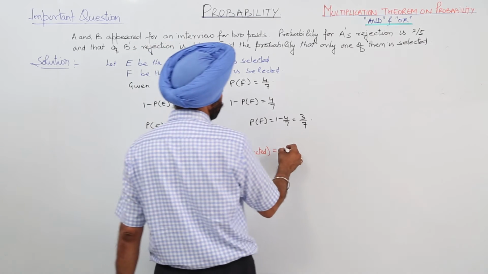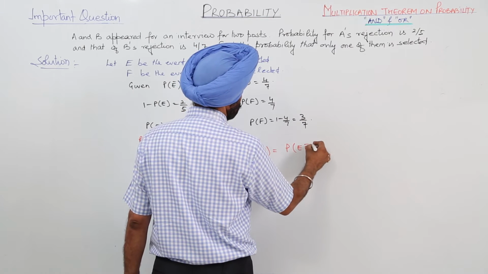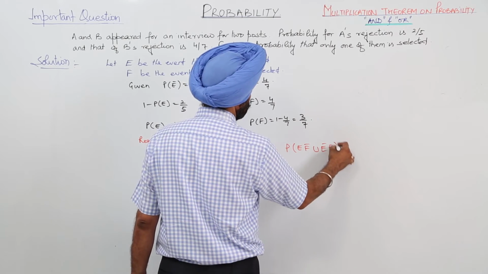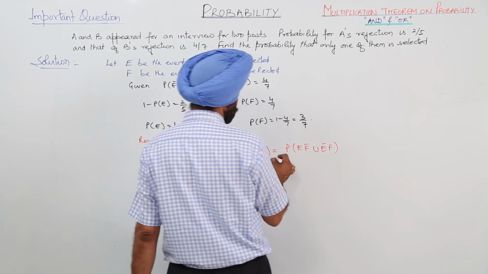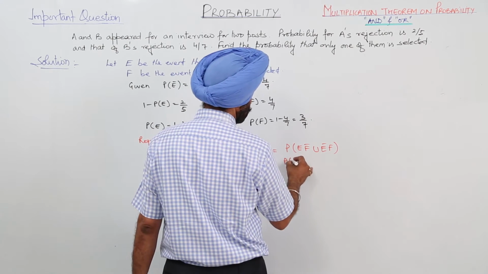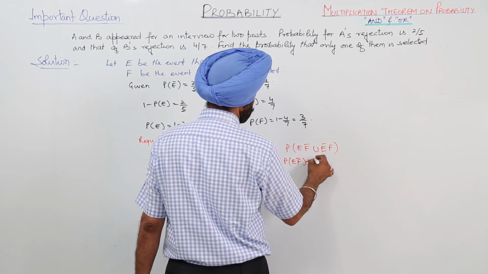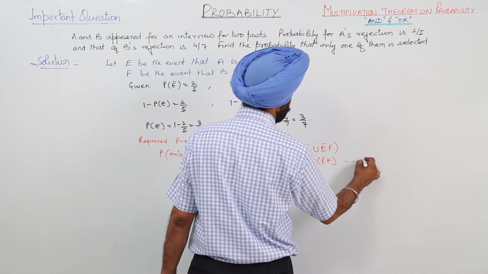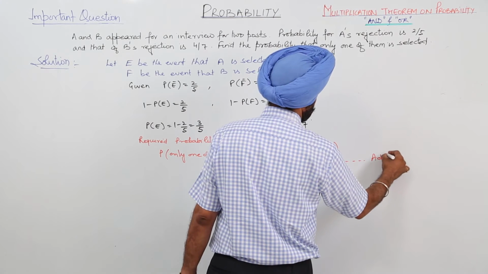Now, this can be written as probability for E F naught or E naught and F. Now, to this what we can write? Probability for E F naught plus probability for E naught F. Addition theorem.